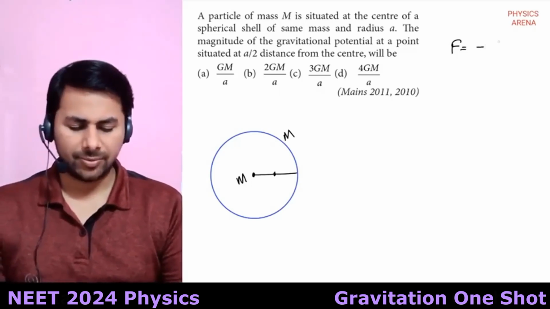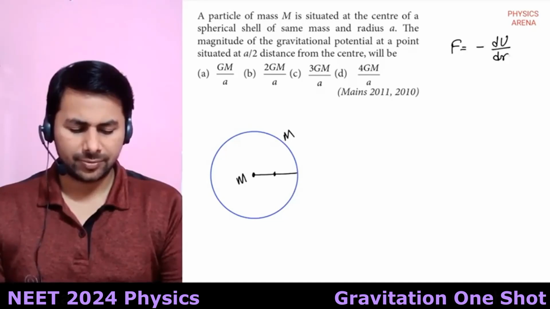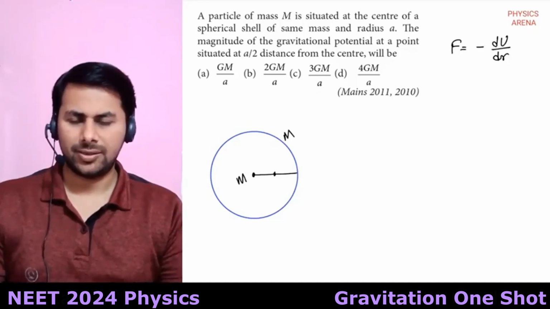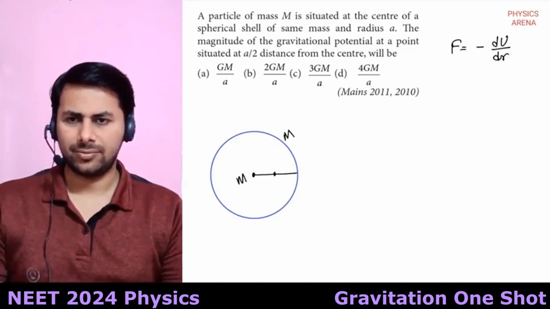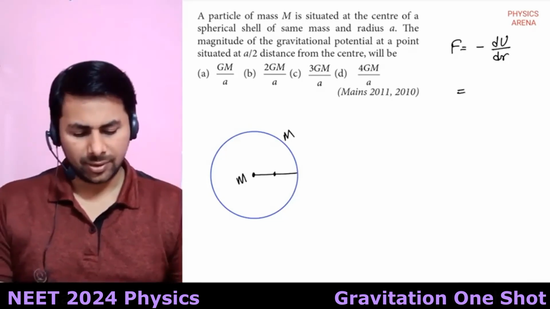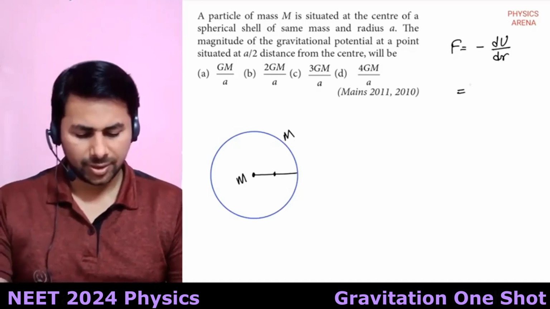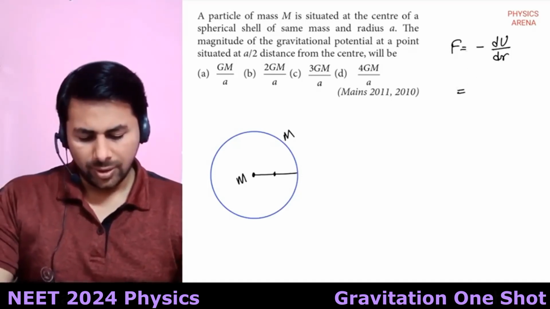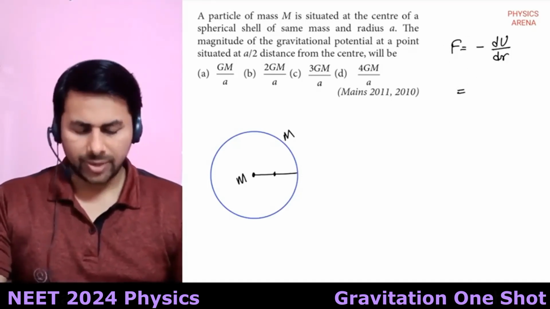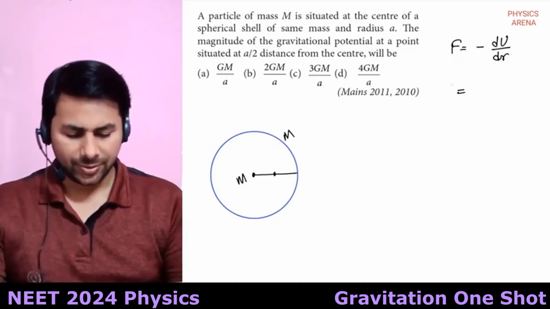It is equal to minus of dU by dr, right? So if you just want magnitude, it will be dU by dr. So now force is 0. That means dU by dr is 0.